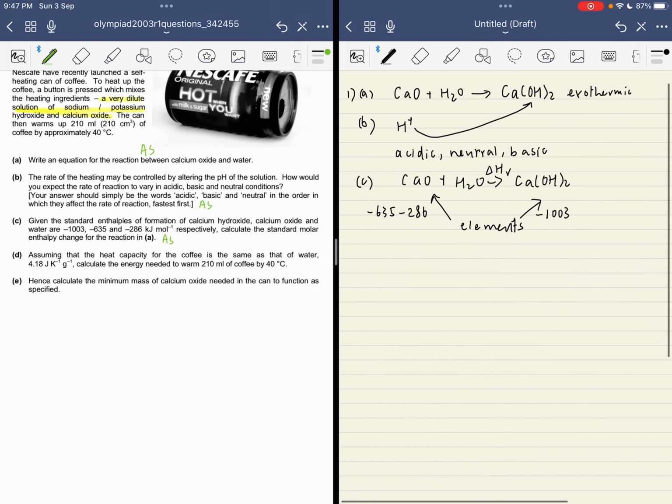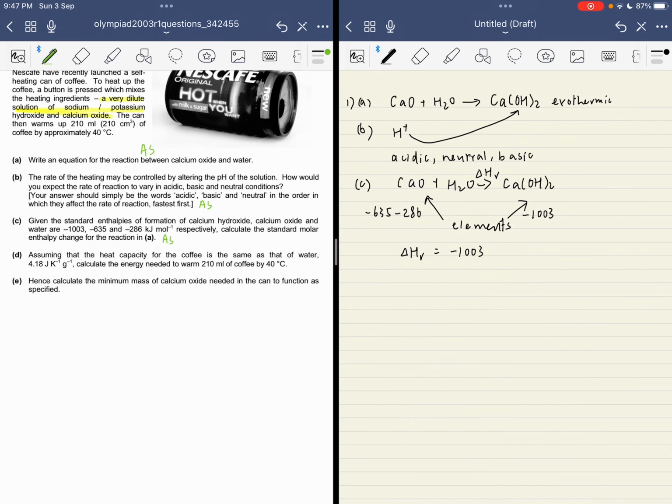So the enthalpy change of reaction is basically the enthalpy change of formation of the products minus the enthalpy change of formation of the reactants.